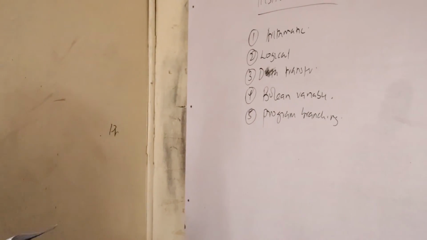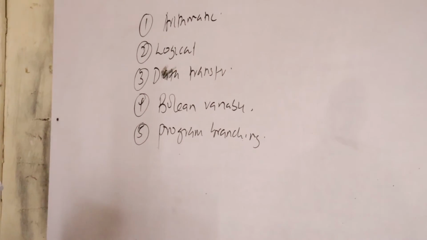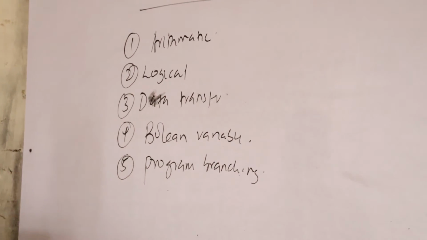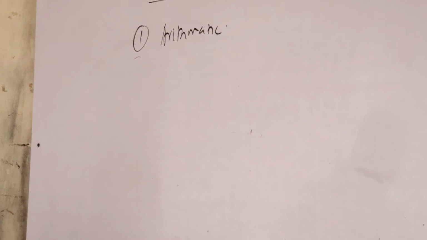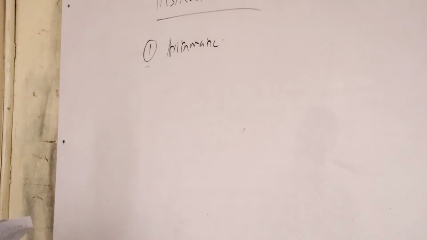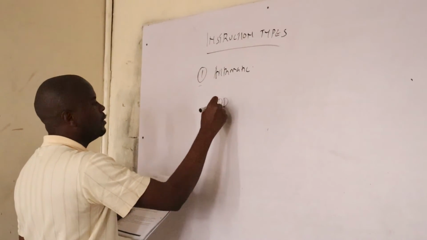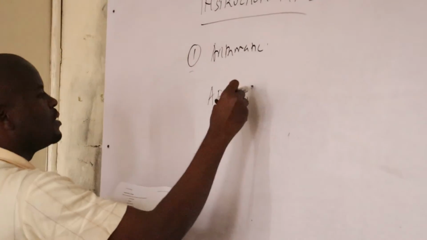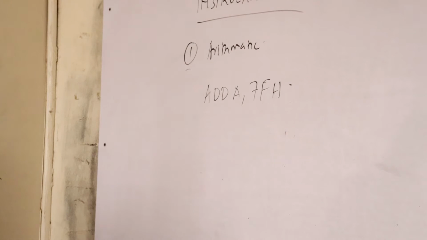We are going to look at the arithmetic instructions, and we can look at them based on the different addressing modes that are available. Arithmetic instructions may be written like ADD A, 7FH. That is direct addressing.